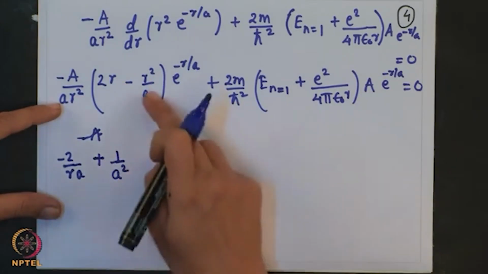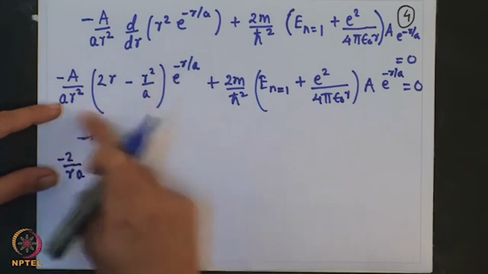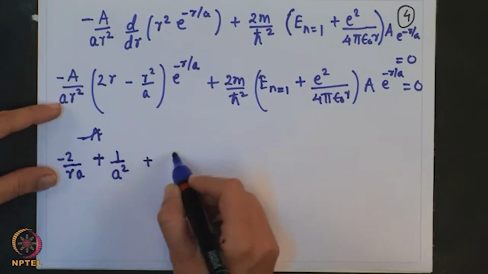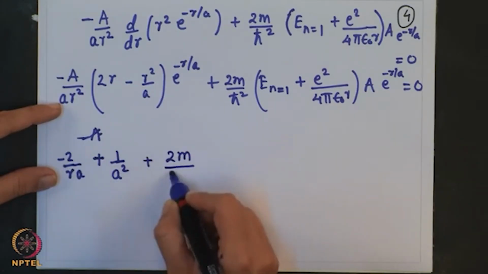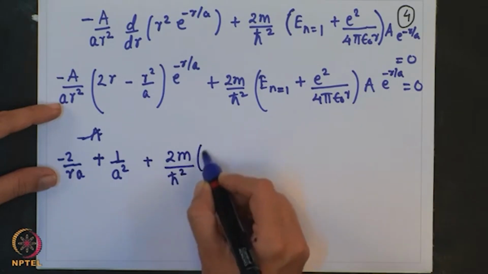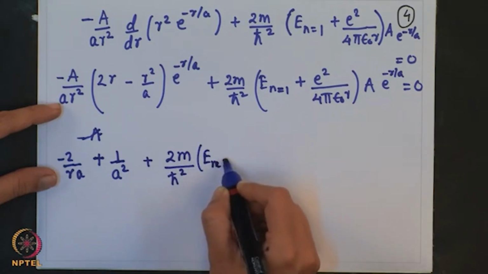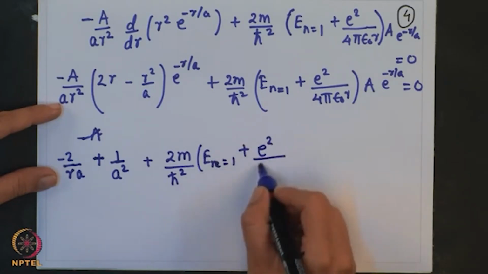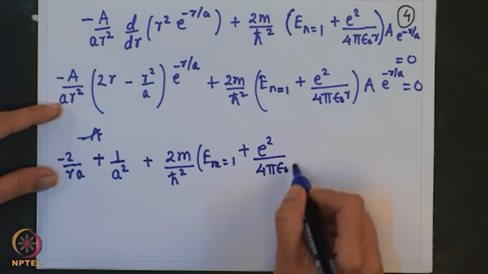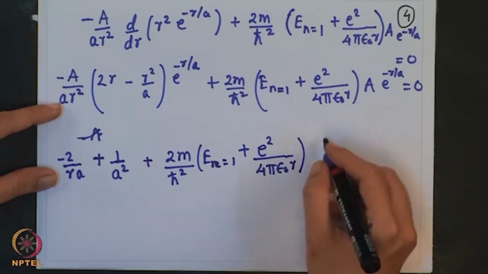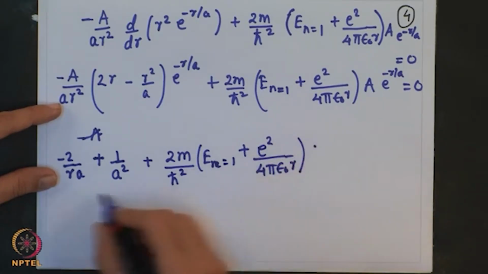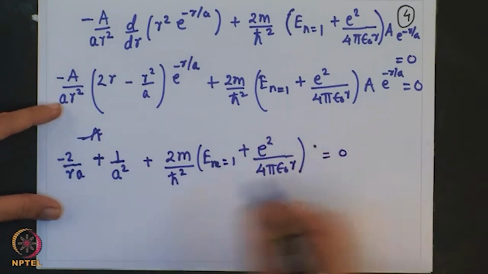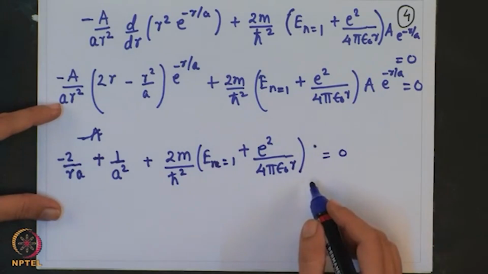So, I will have the first two terms of the first term plus 2m upon h cross square E equal to 1 plus E square upon 4 pi epsilon naught r times the wave function. So, this entire quantity is equal to 0, this coefficient is equal to 0.